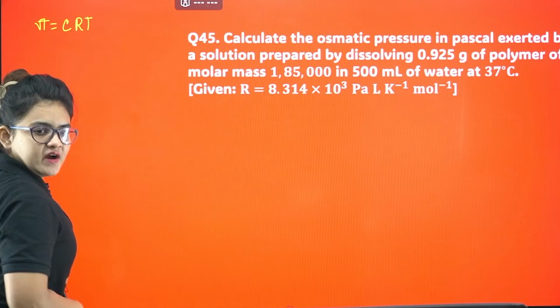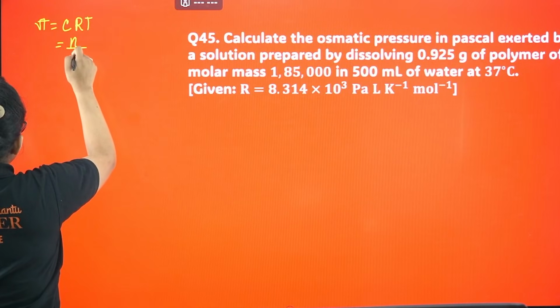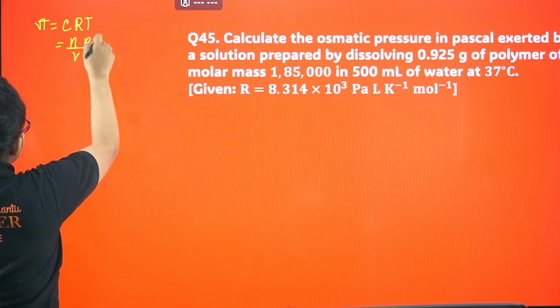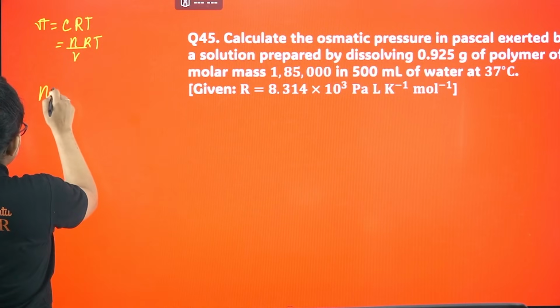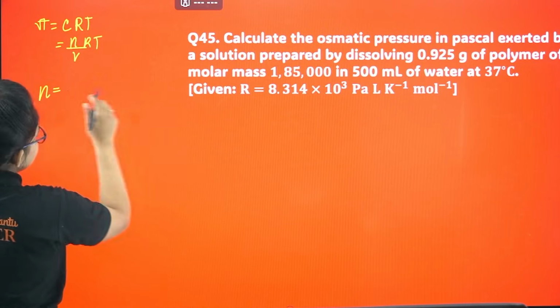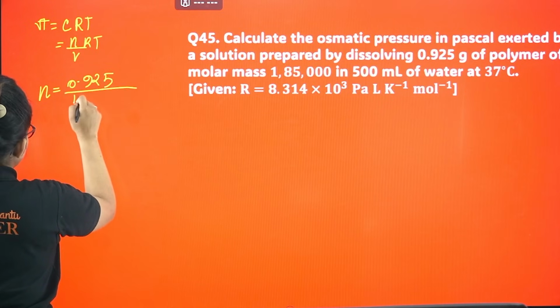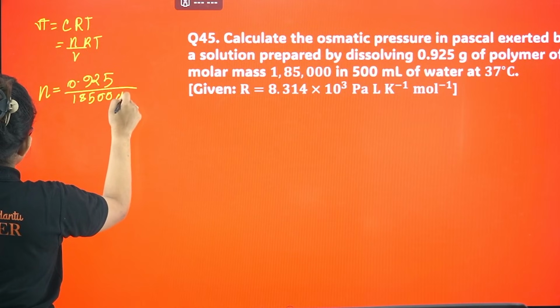Osmotic pressure you have to find out, so I need this formula. C I can write in the form of n by V, right? So n by V into RT. So I need to find out n, right? n is going to be equal to, see how much amount is given, 0.925 divided by 18500 gram.